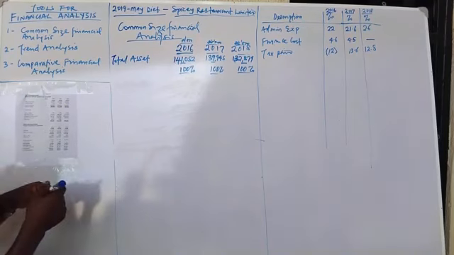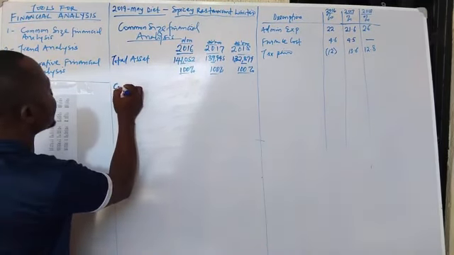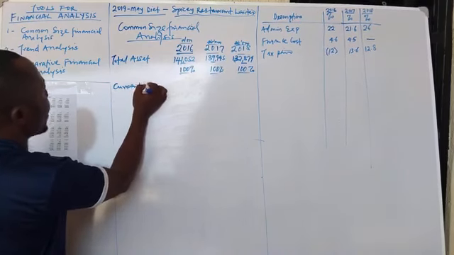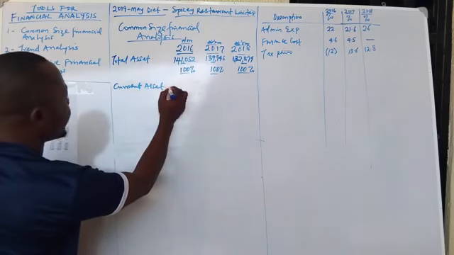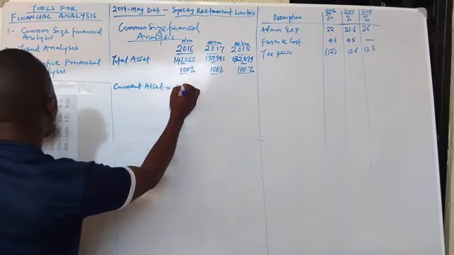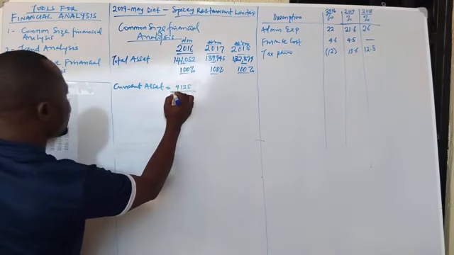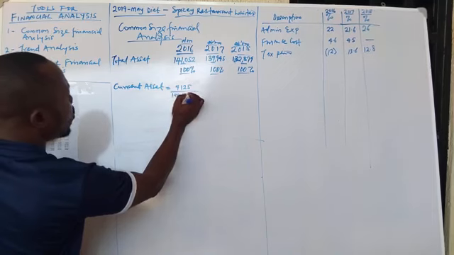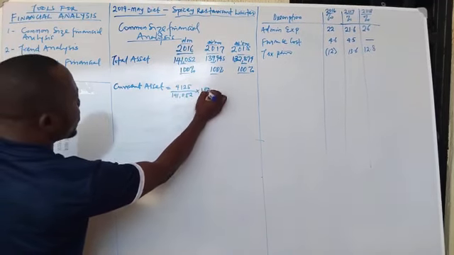Let's take for instance our current asset. Current asset in 2016 was how much? Current asset was 4,125 divided by total asset, which is 141,052, multiplied by 100 all over 1.